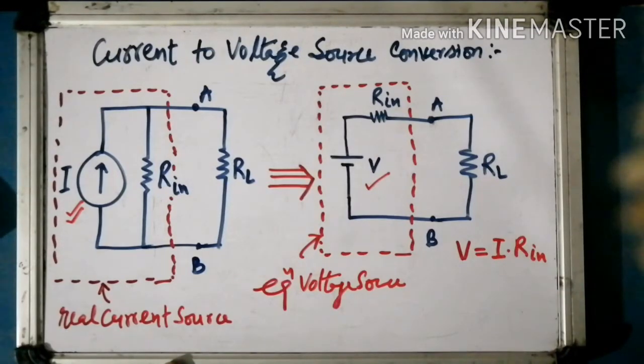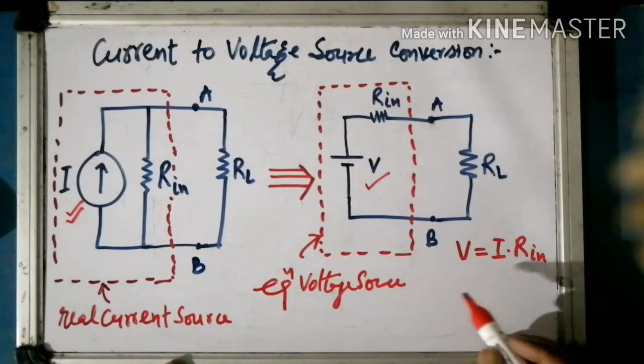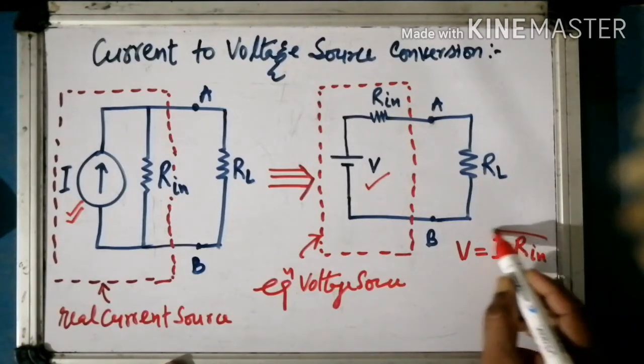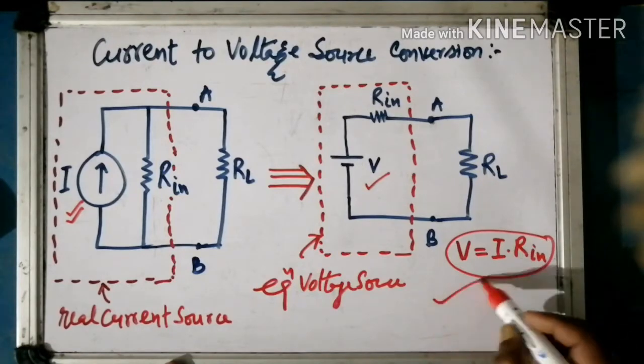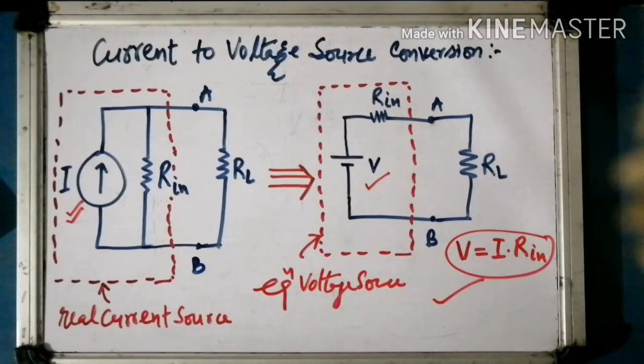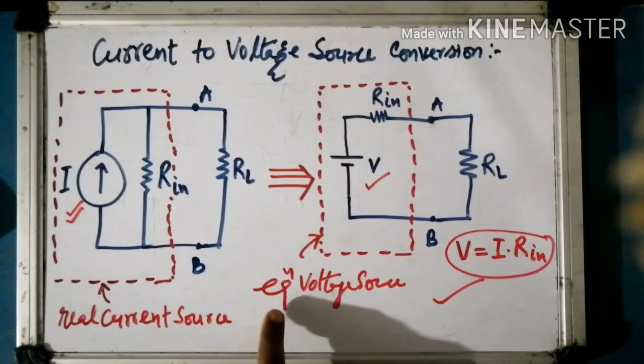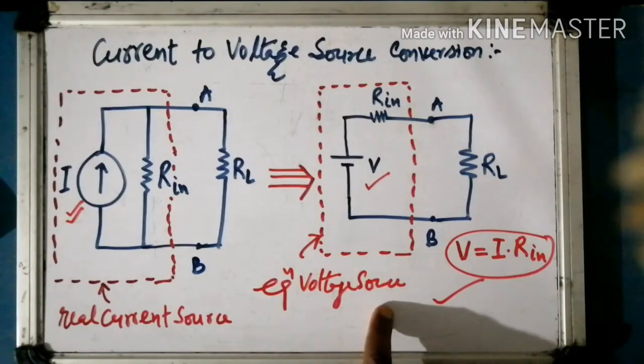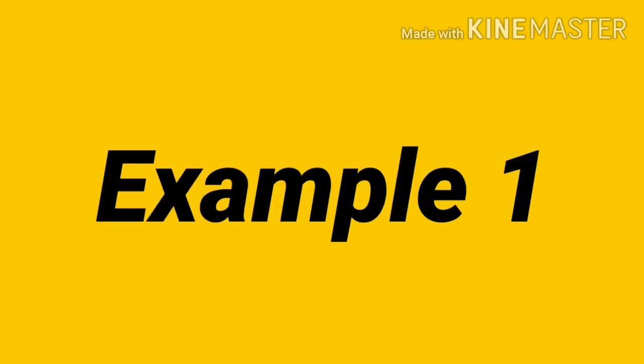With the help of this formula we can calculate the value of voltage source, right? That's why this is the way by which we can convert a real current source into equivalent voltage source. Is it okay?